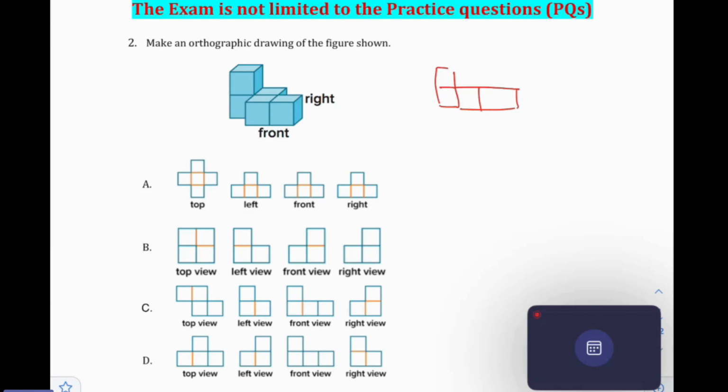So in total it will be 3. The most suitable answer is either this or that for the front view. While here there is a line that shows that the blocks are not all in the same plane. So this is the most appropriate answer.